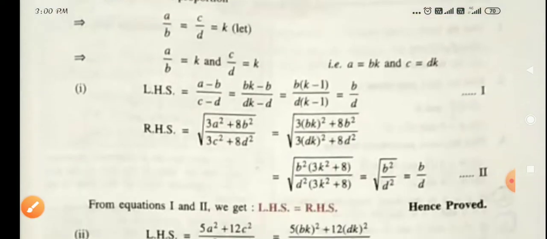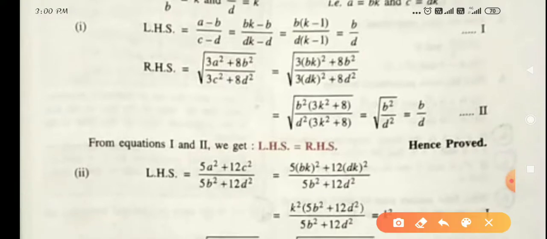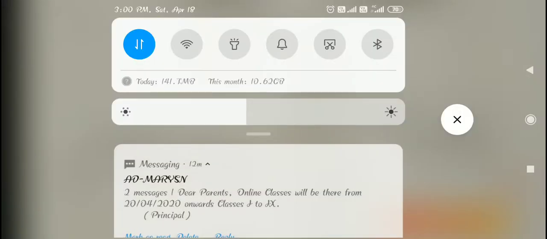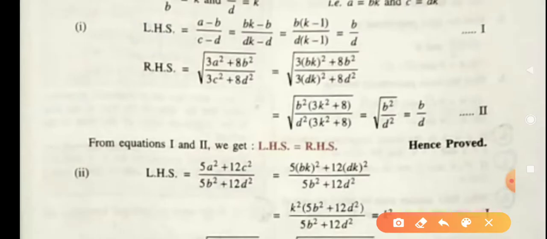You can see here in LHS, in place of A you are putting bk, in place of C you are putting dk.